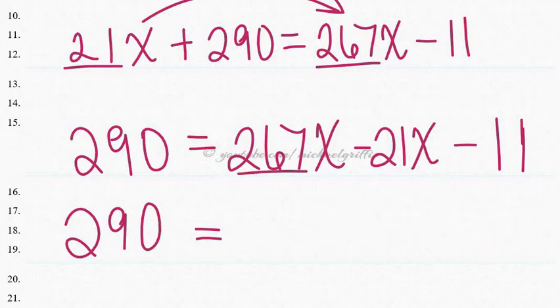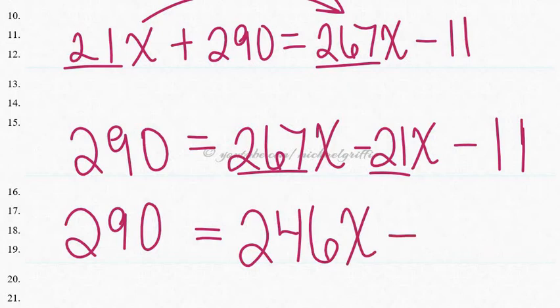So 267 minus 21 is going to give us 246x.